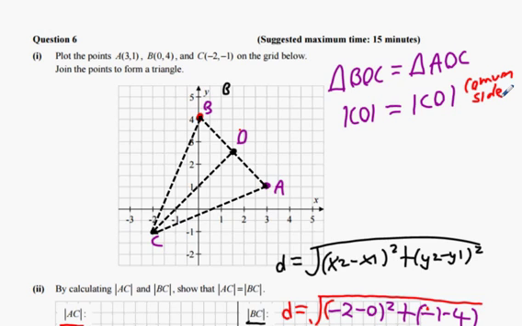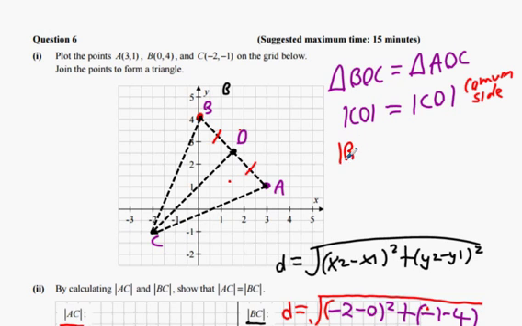Okay, why can I say BD is the same length as AD? Could you say they're vertically opposite? No, that's only for angles. Is D not the midpoint? Yeah, so therefore it has to be the same length.